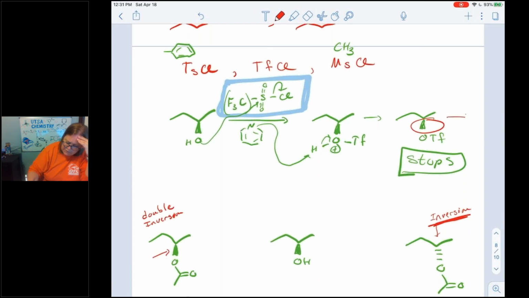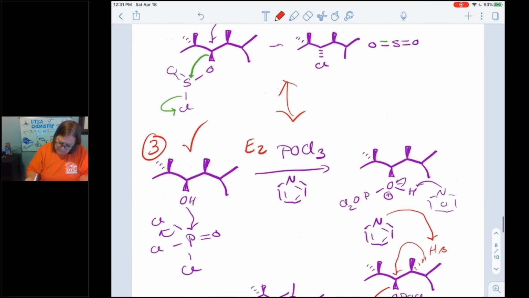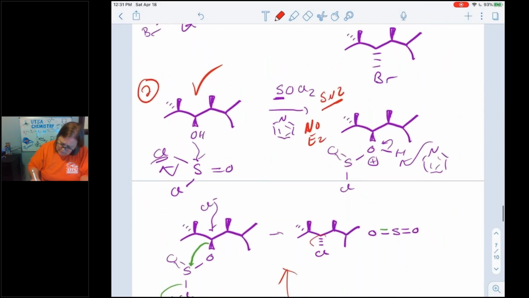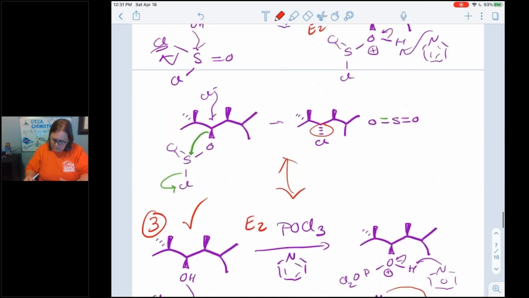And then I can react this with a nucleophile under SN2 conditions. Get a single inversion. I know that if I do PBr3 or SOCl2, I get an inversion, but chloride and bromide are both good leaving groups, so I can do a second SN2. And so when you have a so-called double inversion, you're doing what? 2 SN2s. Okay, when you have a single inversion, you're only doing 1 SN2.